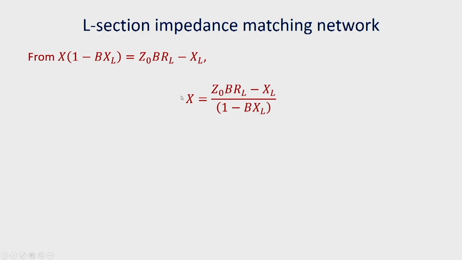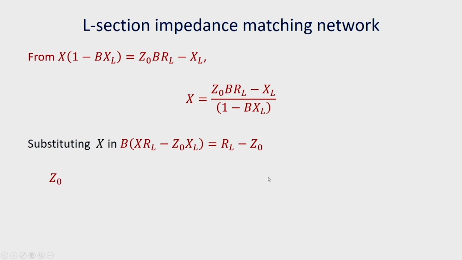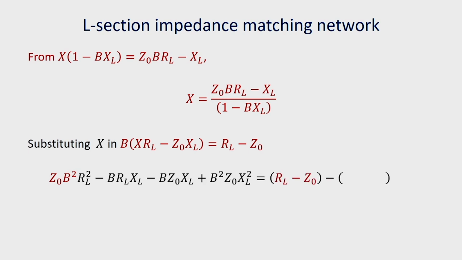We can substitute this X in the other equation, B X RL minus Z naught XL is equal to RL minus Z naught. So, once we make this substitution and then expand, we will get this equation.